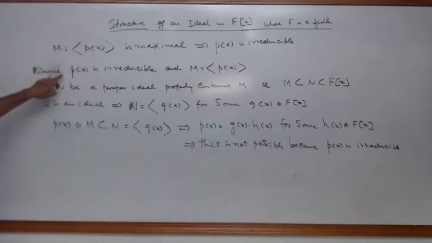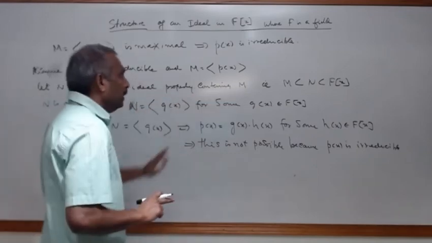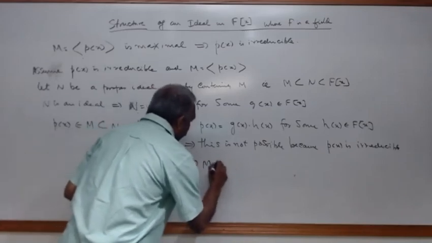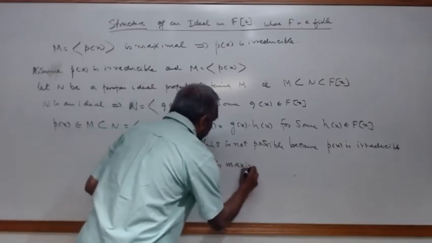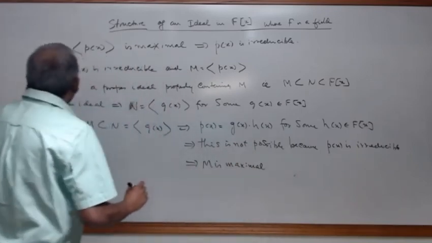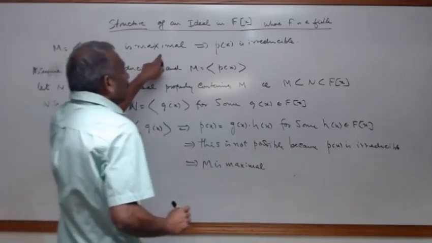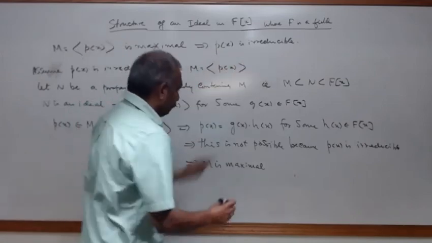So that means if p(x) is irreducible, we cannot find an ideal properly containing M, meaning M is maximal. So if p(x) is irreducible, M is maximal, and if M is maximal, p(x) is irreducible.